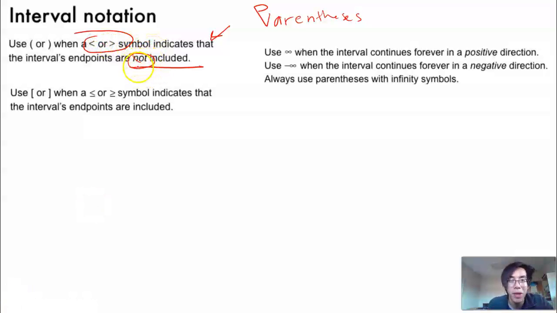Sorry folks, my pen is being extra laggy today. But for this side, use the brackets here. That's when you have a less than or equal sign or greater than or equal sign, which indicates that the interval's endpoints are included.